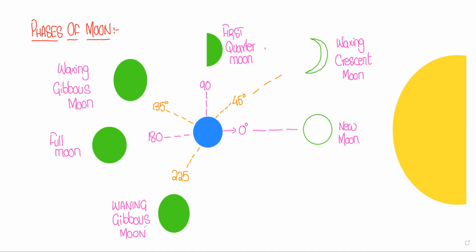So this part is the waning gibbous moon. And if we move towards the opposite side of the 90 degree, in the opposite side of 90 degree, we will observe again the quarter moon, same like the previous one.